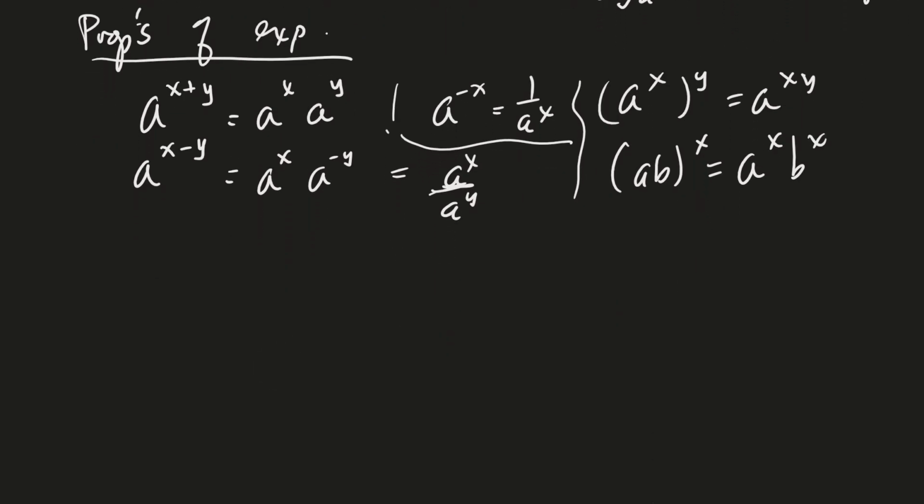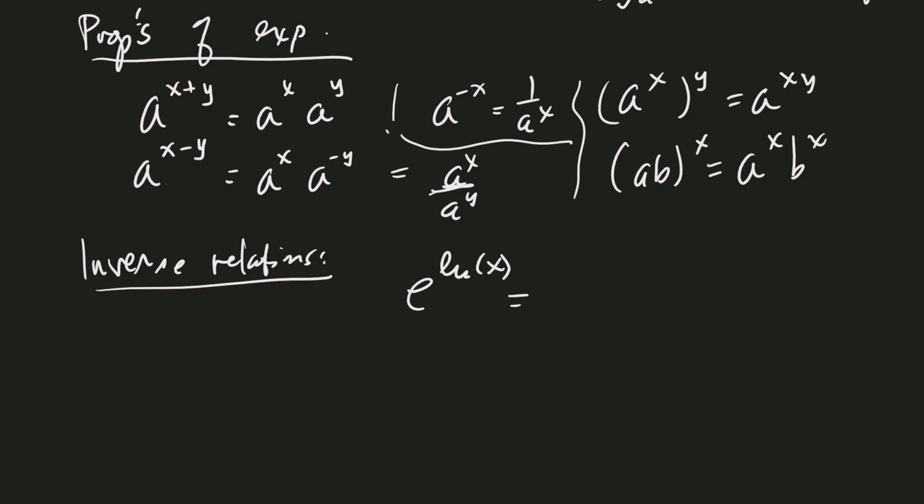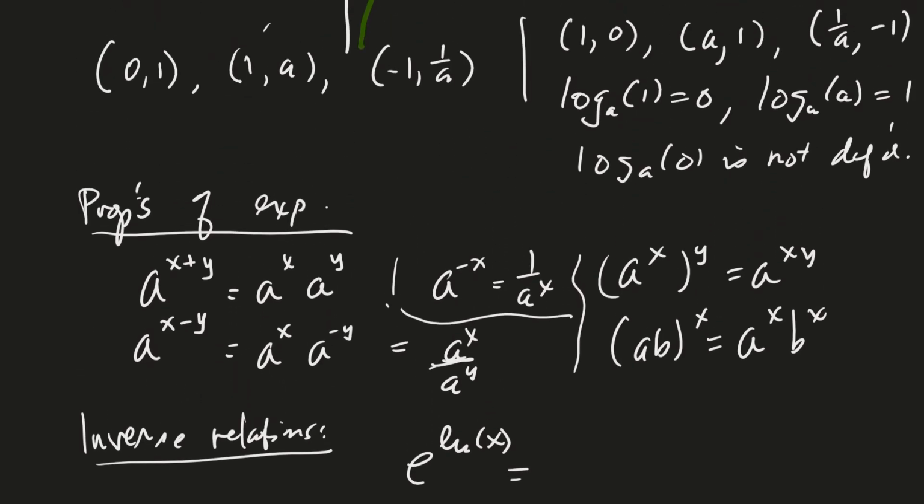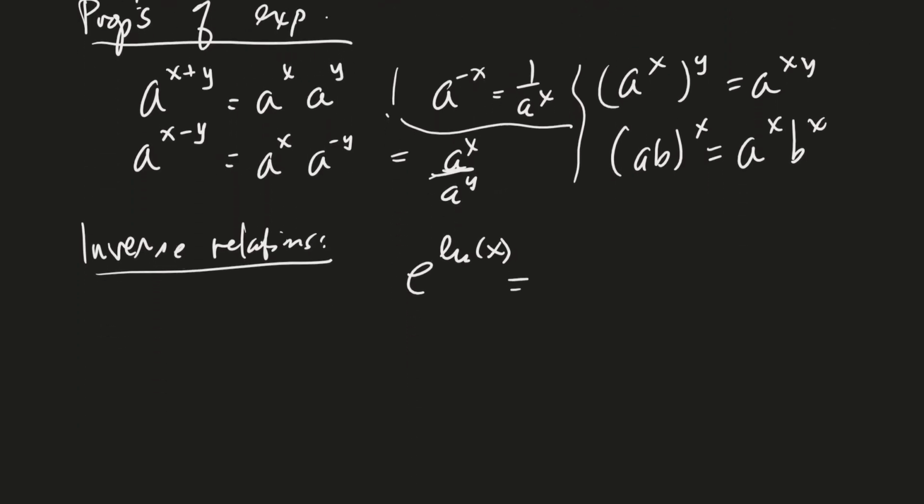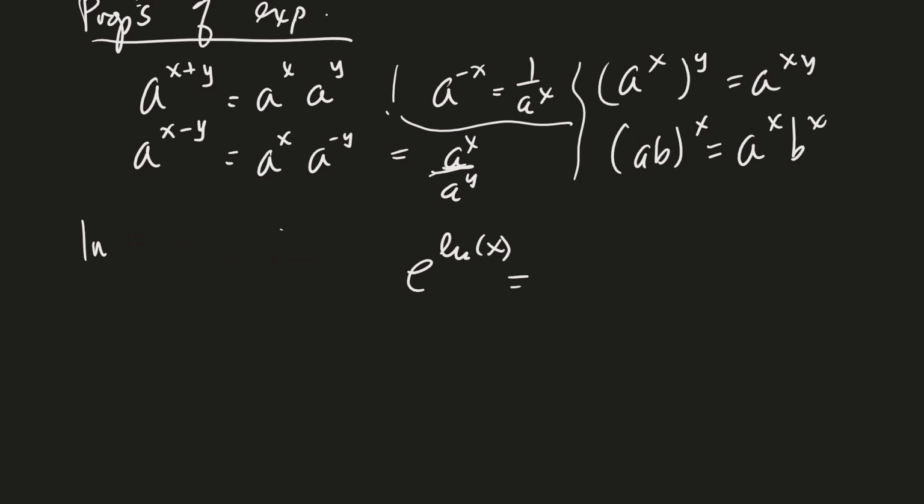Furthermore, because the exponential and the log are inverses of each other, inverse relations, we have that e to the natural log of x. Oh, I should define the natural log of x. Sorry about that, I did not do that up here. Let me do that right now. We know what the natural log is.